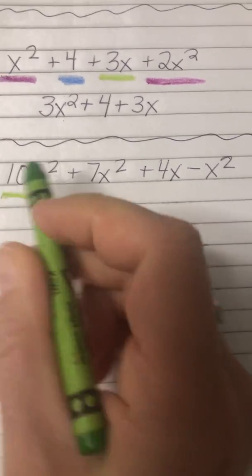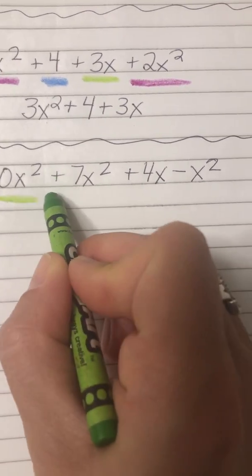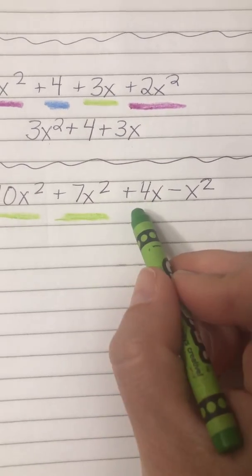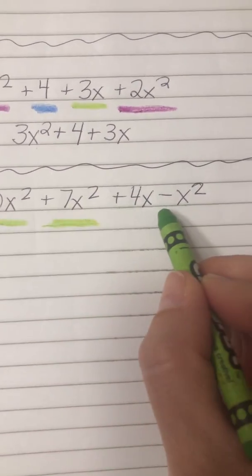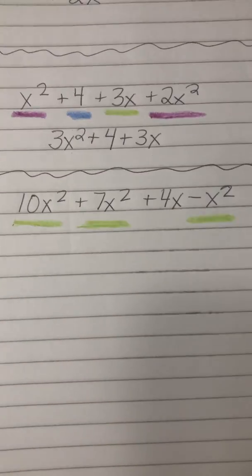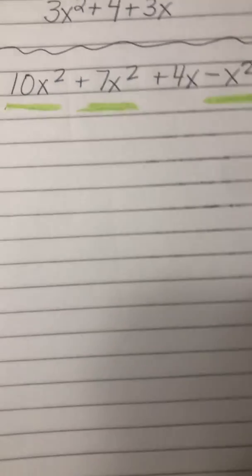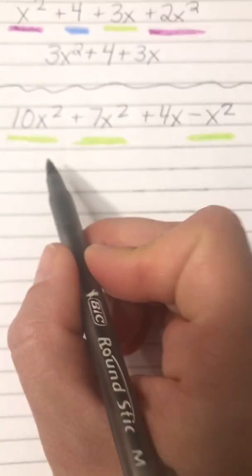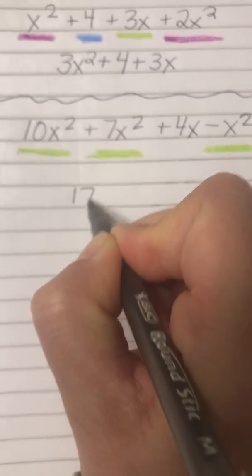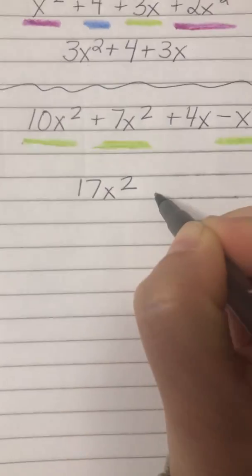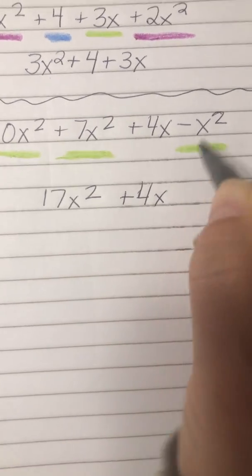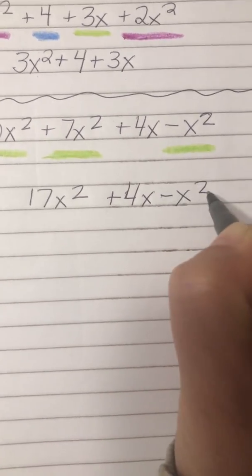There's a 10x squared, a positive 7x squared, and then I'm going to skip the x because it's not in the x squared family, but minus x squared is. So we're going to combine the 3 green like terms. 10x squared plus 7x squared is 17x squared. I'm going to bring down my 4x, and I'm going to bring down my minus x squared.